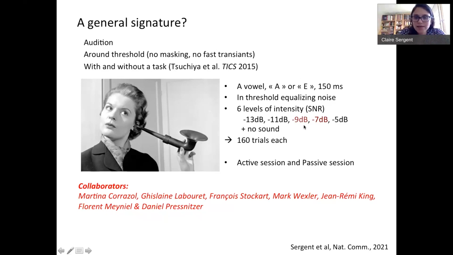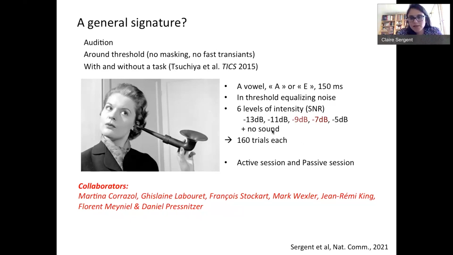And there were 6 levels of intensity relative to the noise, so that's why it's negative. From minus 13 dB, which was the lowest sound we had, really below threshold, to minus 5 dB, which is really audible, plus no-sound trials.